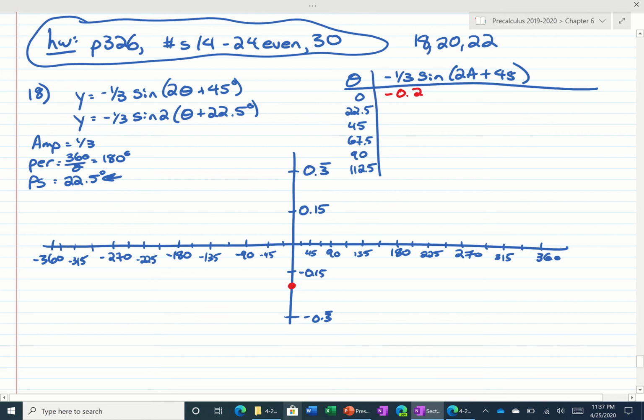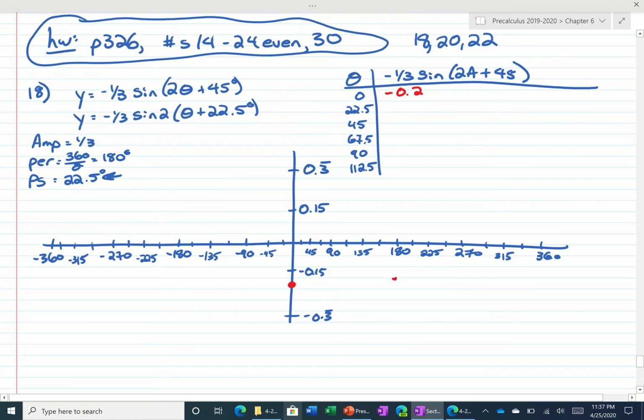The period is 180 degrees. So I'm going to put negative 0.2 every 180 degrees. All right. Now let's go to 22.5. I'm going to store 22.5 for A, and I'm getting negative 0.3. That's good.